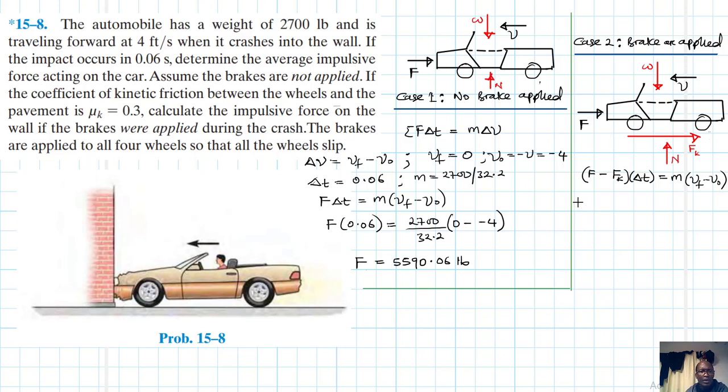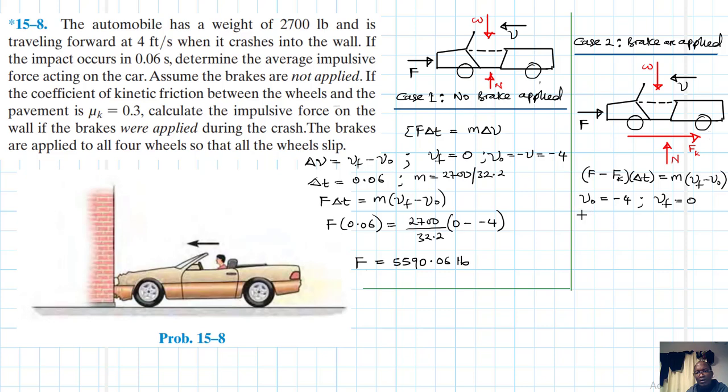Right. And what is our V initial in this particular case? Of course, our V initial is given already. You will know it already. It's the same one like in the other case. It's equal to -4, and V final is equal to 0.